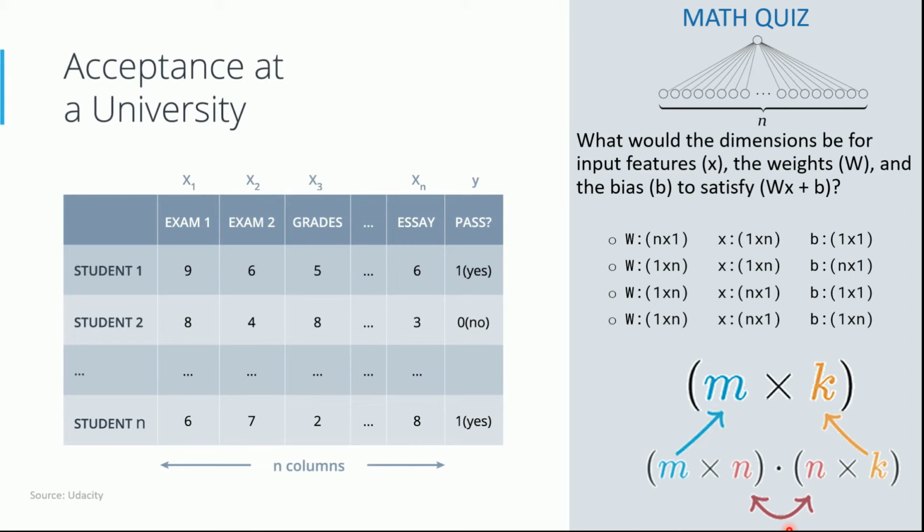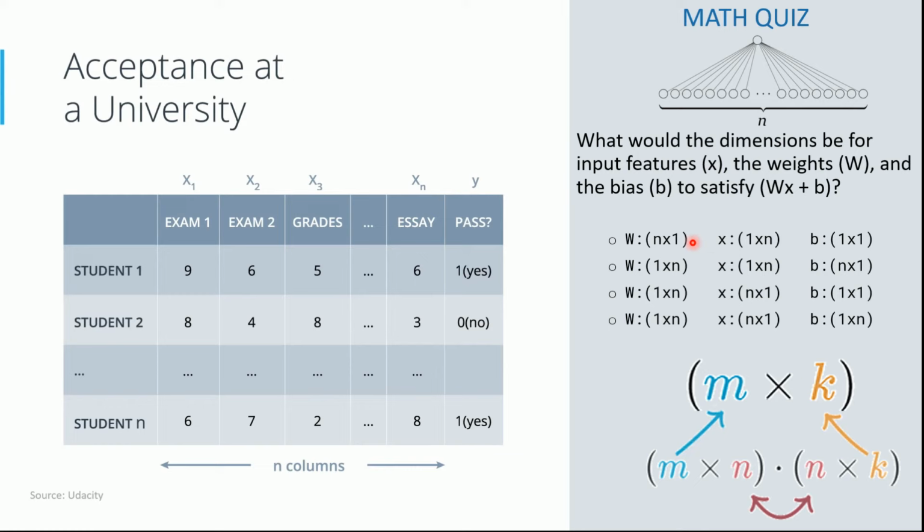But we said here that we have n inputs ending up in a single neuron. So we will have one result, a yes or a no. So we will have a number, a scalar, right? So we will have a one by one matrix. This is a scalar, since it's a result of yes, no. So we have to have a one by one resulting matrix.